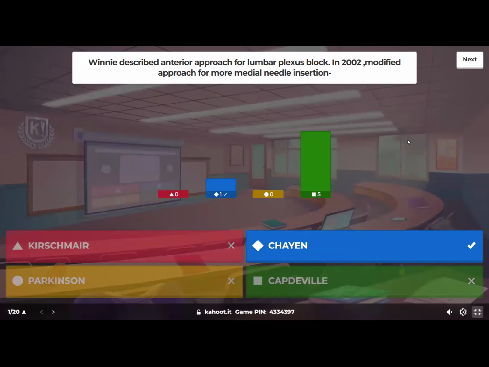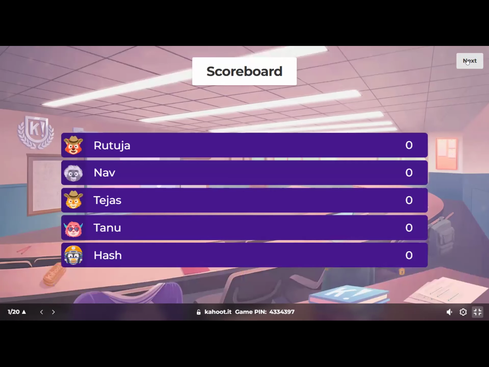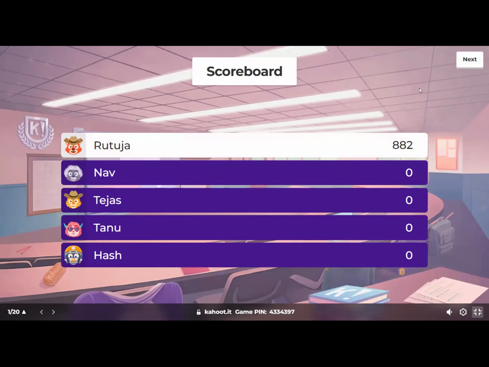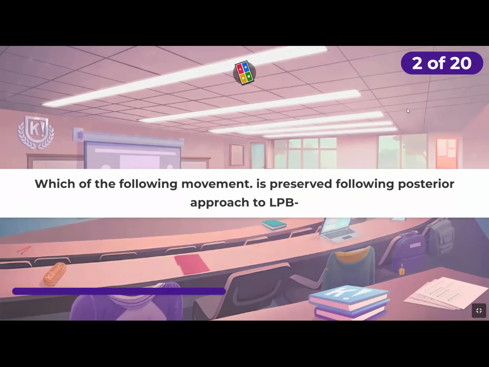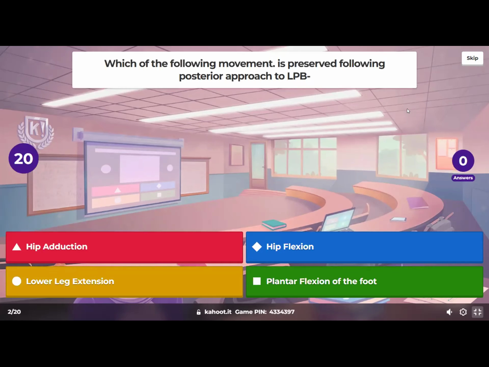That's right, it was given by Shayan. Next, let's see. Which of the following movements is preserved following the posterior approach to lumbosacral plexus block?